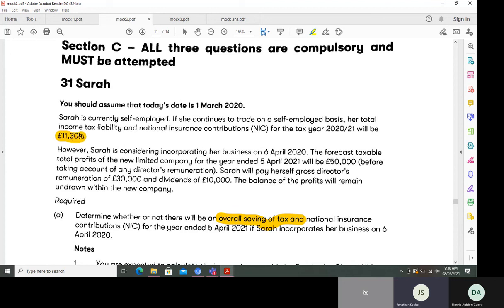So here you were given the liability if we continue to trade on a self-employment basis, right? So currently, she is self-employed, and we're told that this is the liability she pays under self-employment.